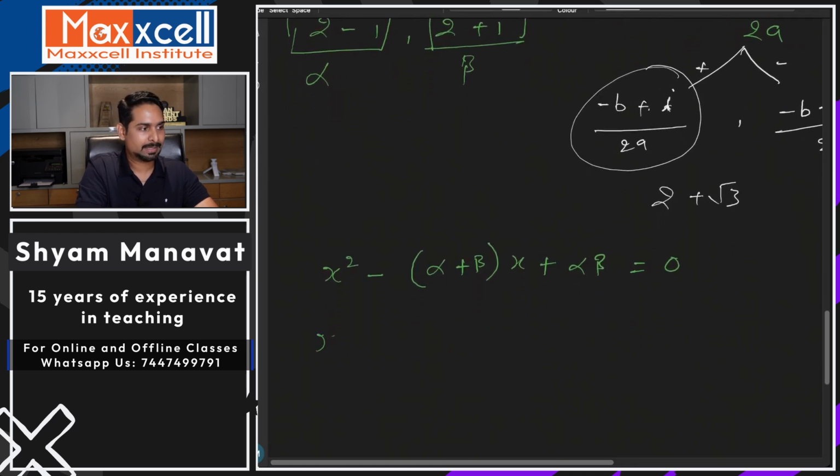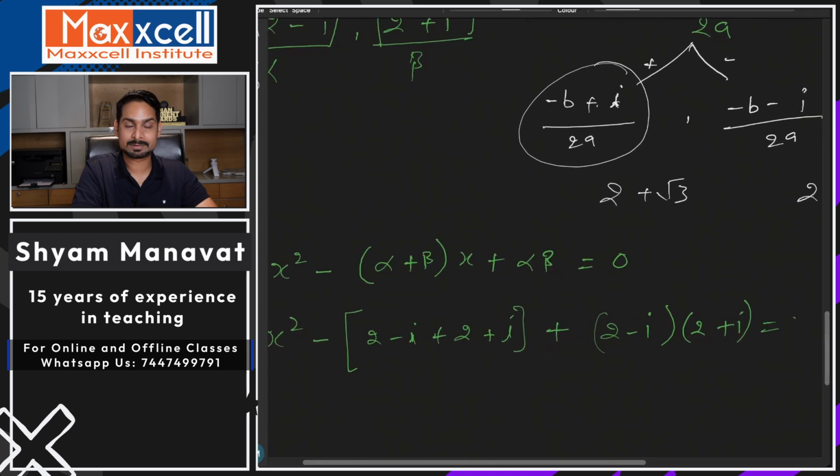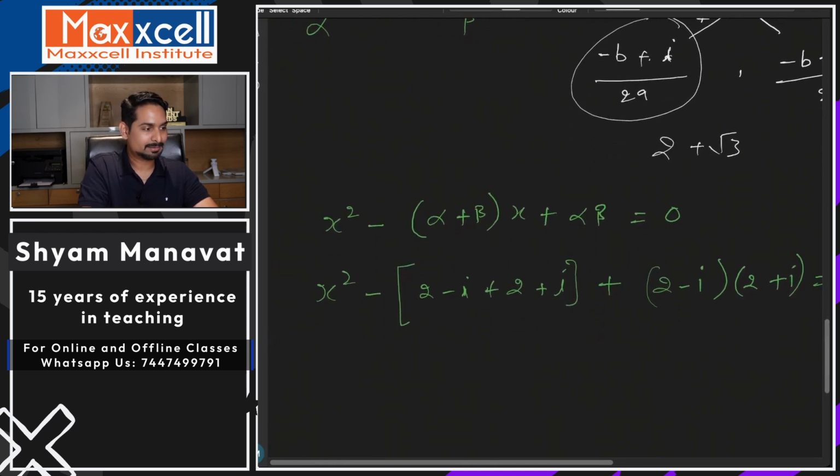Substitute. x square minus (2 minus i plus 2 plus i) x plus the product (2 minus i) into (2 plus i) equals 0. Then what you have is x square. Now tell me, this minus i and plus i is going to get cancelled, right? You got 2 plus 2, 4, with x, of course.